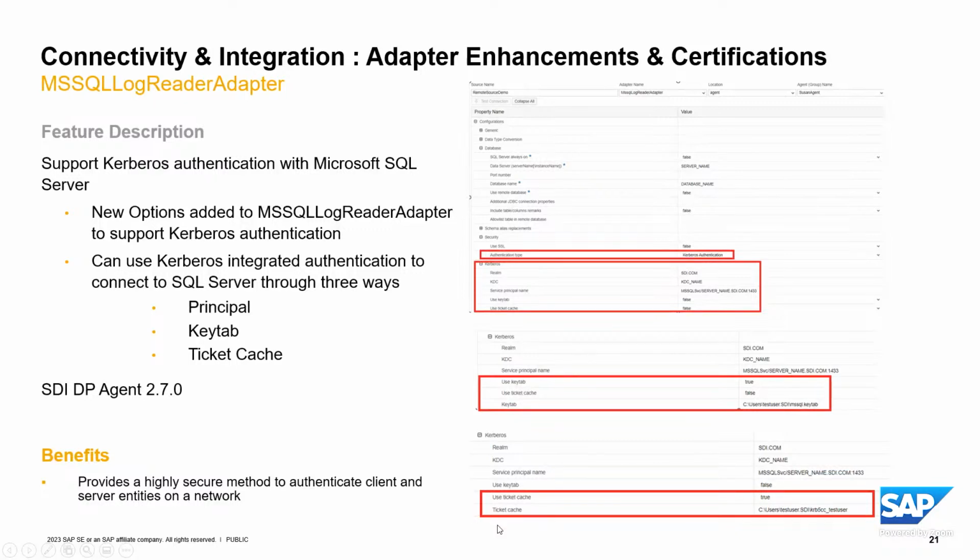For Kerberos, you also have two more parameters where you need to specify the username and password. These will appear only when you select the authentication type Kerberos. This will be supported with DP Agent 2.7.0.